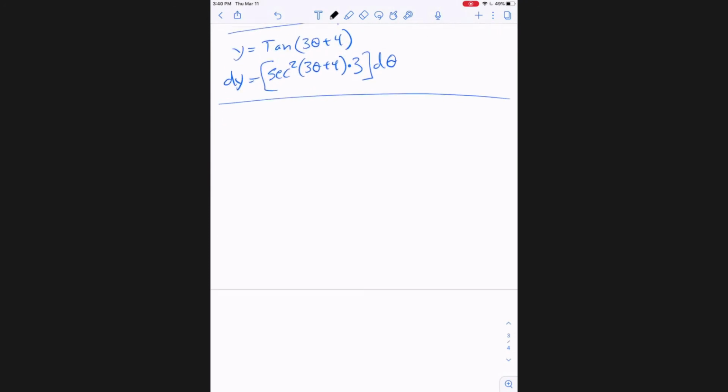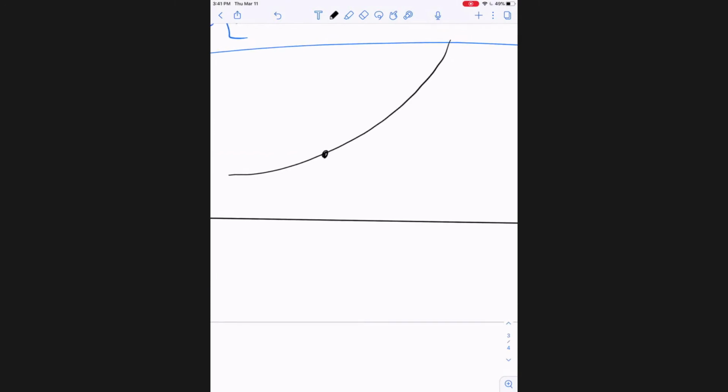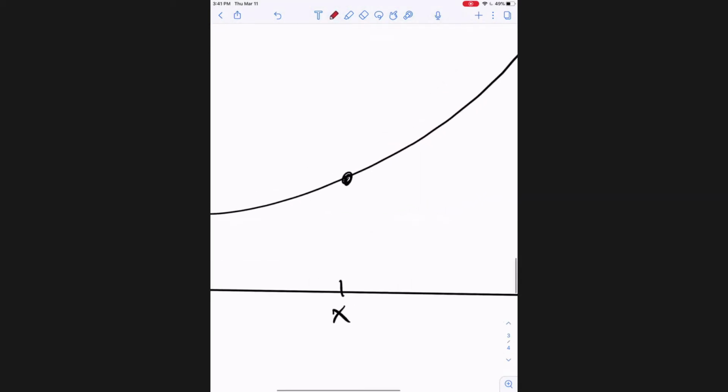So suppose we got a graph here, and we'll call that x. I'm going to draw a tangent line here. Give me a second here. I got to focus.